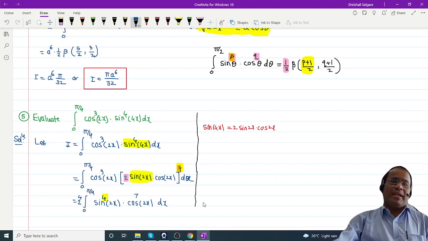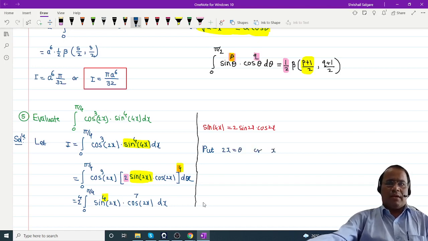Now the next one. Our target is to convert the integral limits to 0 to pi by 2, and at the same time the integrand is a multiple of sine and cos. What is the substitution? Here I will write, put 2x equal to theta, or x is equal to theta by 2.